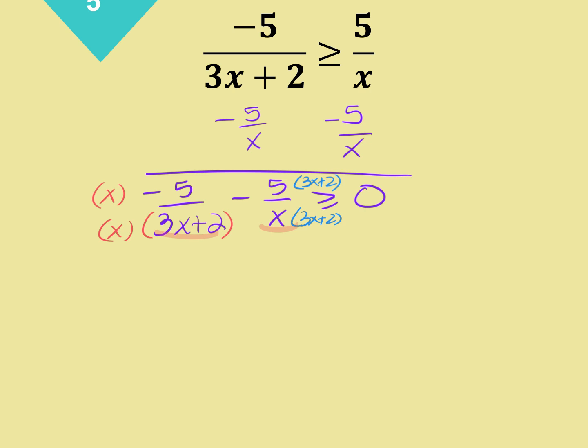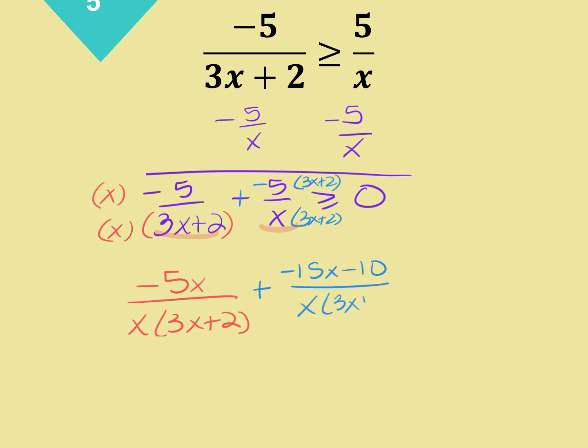So my new numerator on the first one is just going to become negative 5x over the x times 3x plus 2. I'm going to again distribute this negative 5. So negative 15x minus 10 over the x times 3x plus 2.